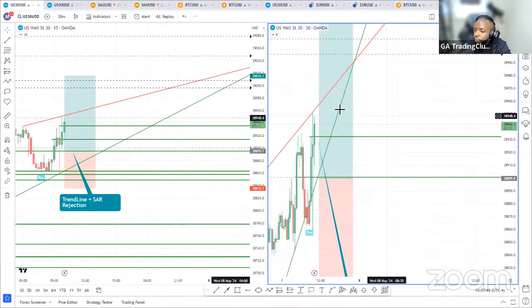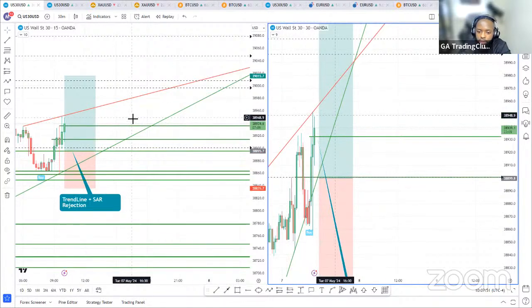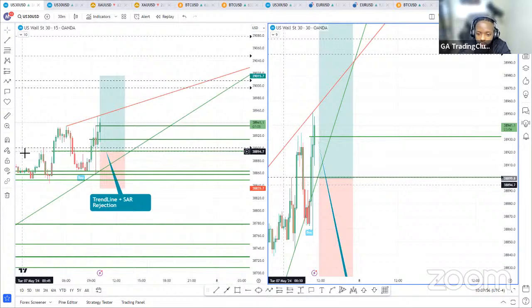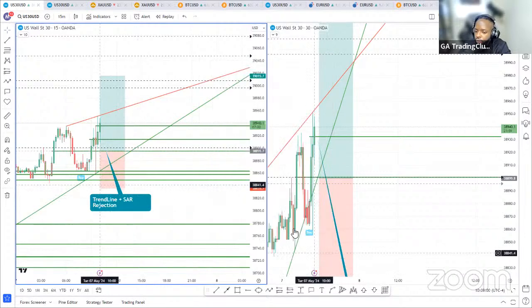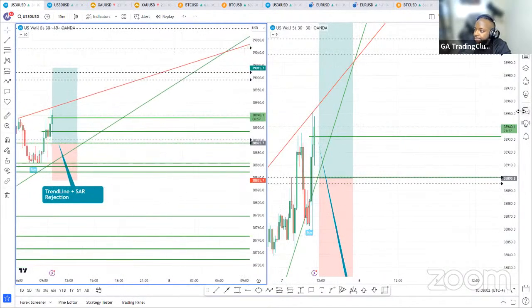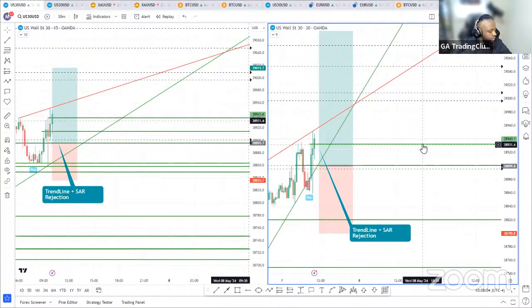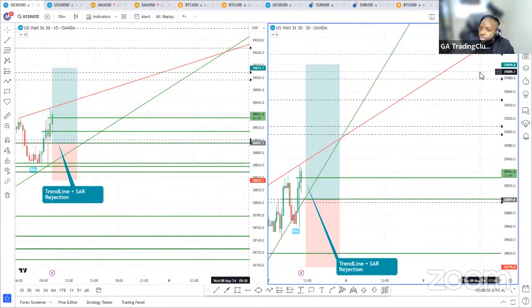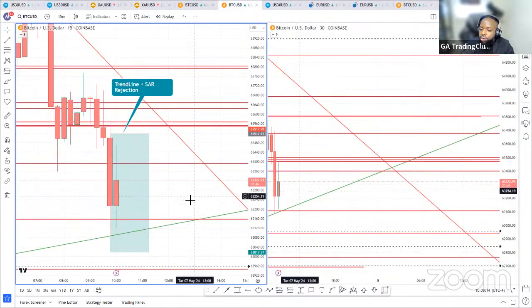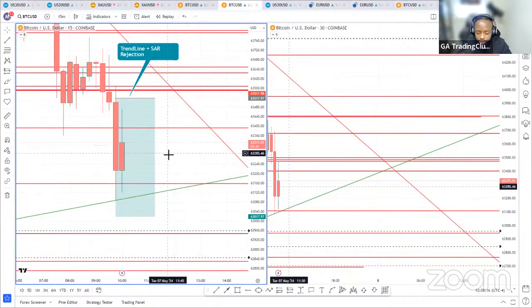So let me add these alerts back. The other one was here. We'll see if we get any retracement back down. BTC still in this one. Let's see if we get any move back down for BTC.